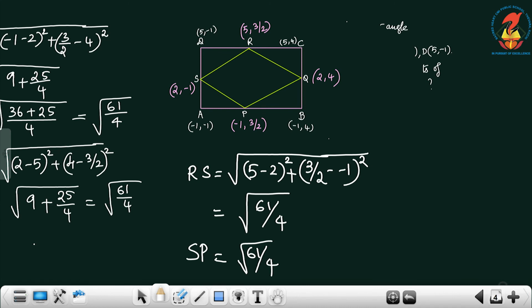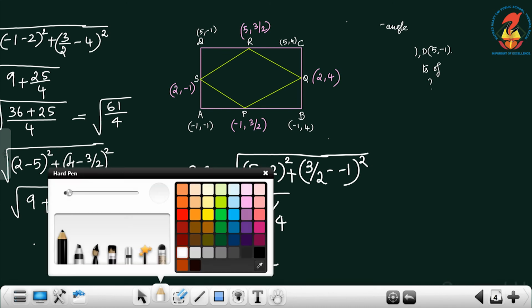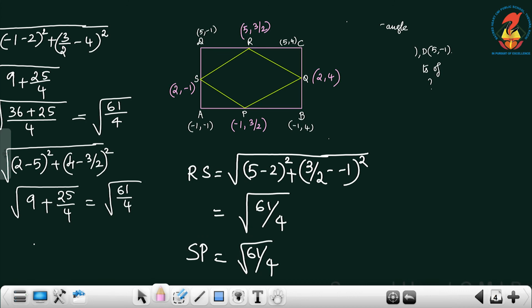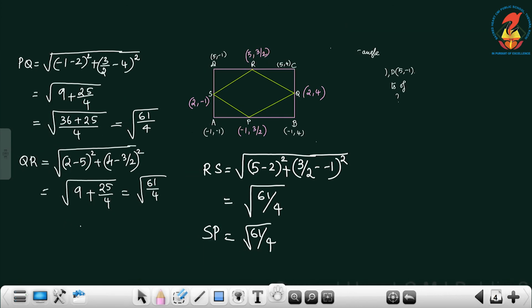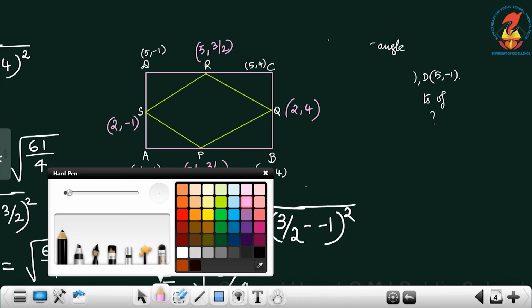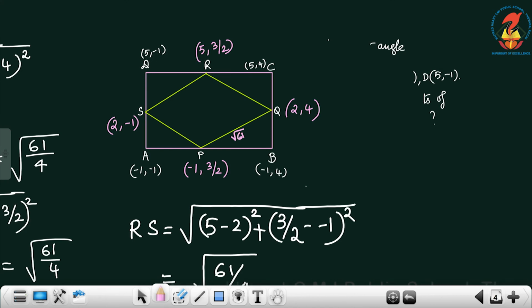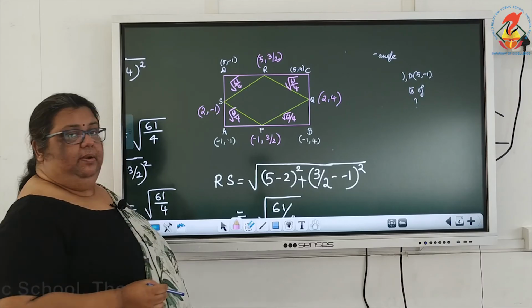So all the four sides I get as root 61 by 4. All the four sides of PQRS I am getting the same measurement, root 61 by 4.